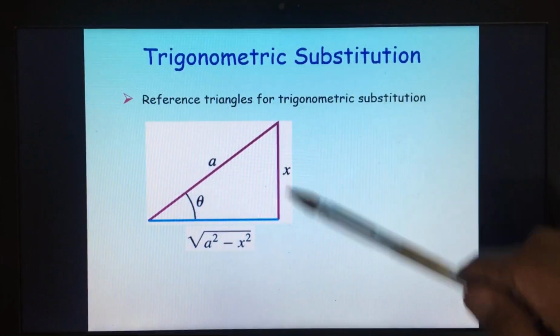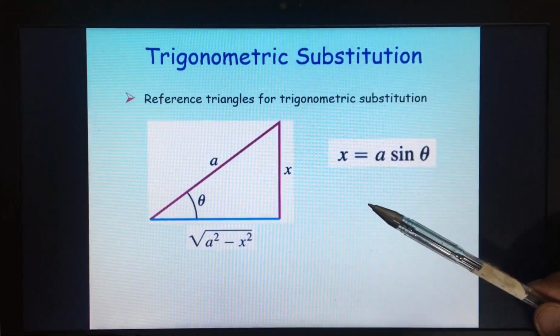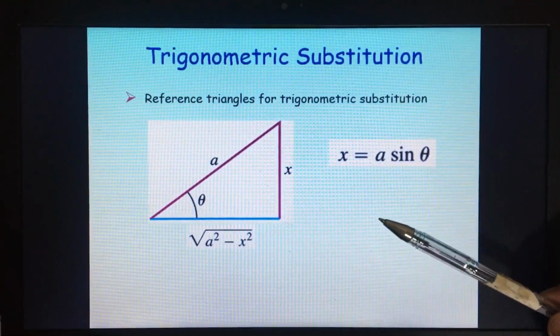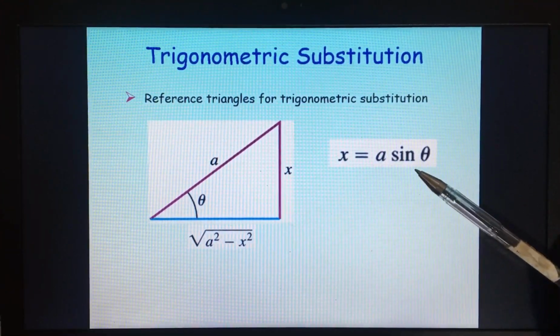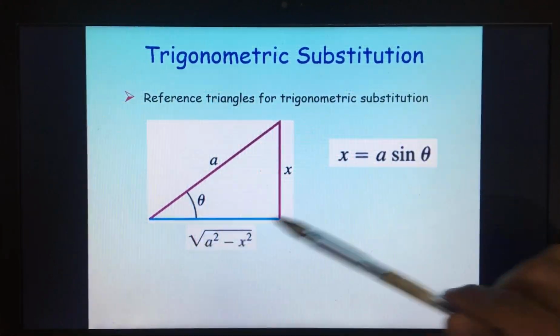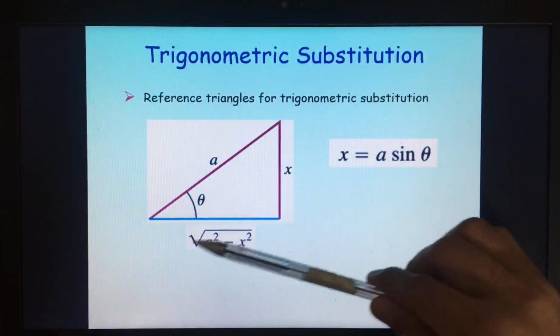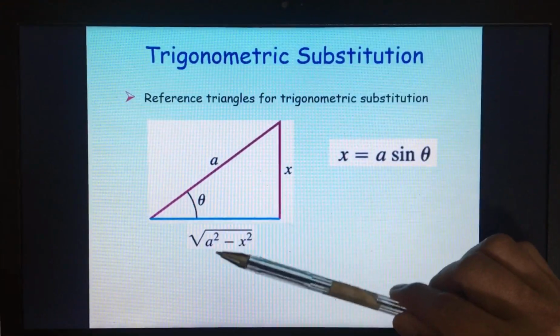Then from here we can solve for x by using the sine function. Why do we choose sine? Because it's easier, because when we use sine, we can avoid the part that contains the square root.